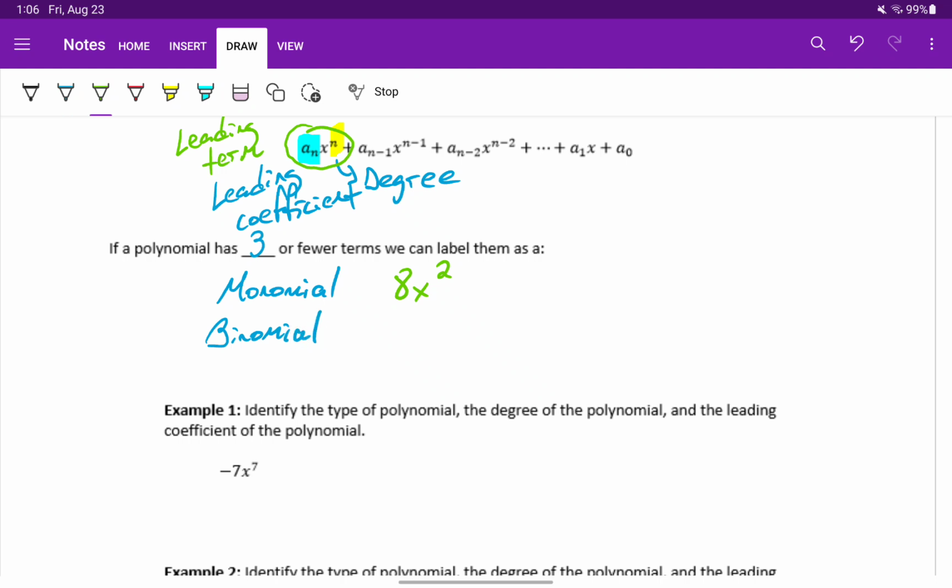A binomial is a polynomial with 2 terms, something like 4x minus 7 or 6y cubed minus 4y. And a trinomial is a polynomial with 3 terms, something like 3x to the 6th plus 4x squared plus 2.